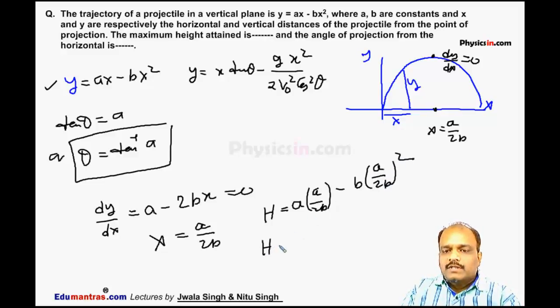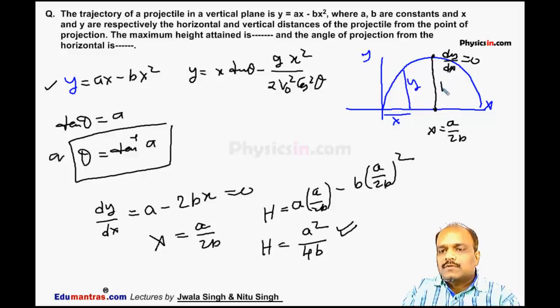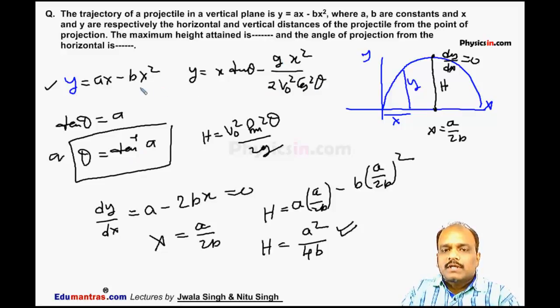So h is equal to a square by 4b. This is the maximum height attained by the particle above the horizontal ground. We can also solve it using the formula h is equal to v naught square sine square theta divided by 2g, because we know tan theta is equal to a and g by 2 v naught square cos square theta is b. So from these two we can calculate the maximum height.